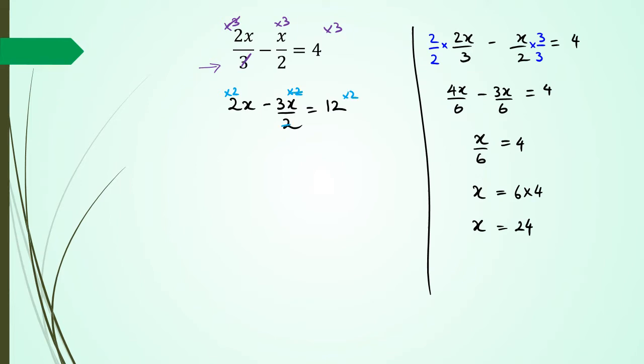These 2's disappear, and I'm left with 2 times 2x is 4x minus 3x equals 12 times 2 is 24, which means 4x minus 3x is x, so therefore x is equal to 24.